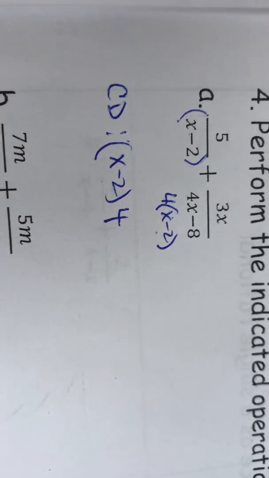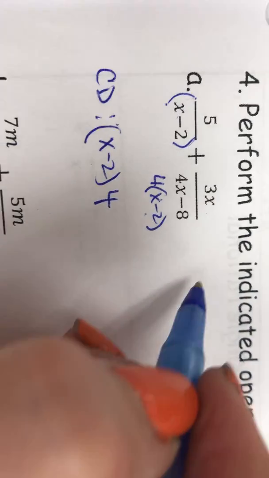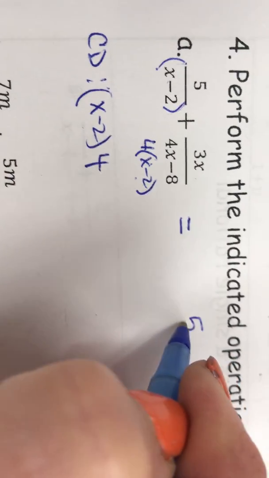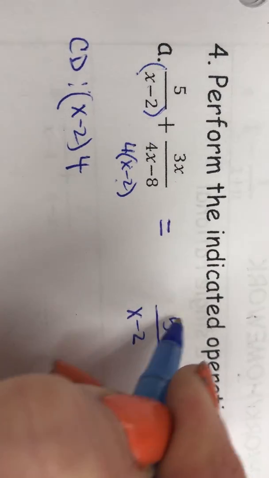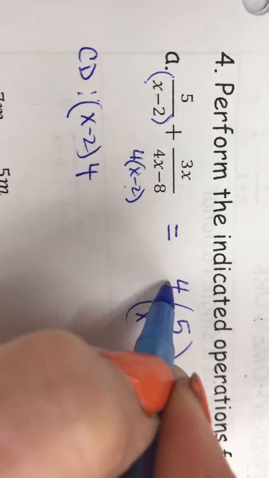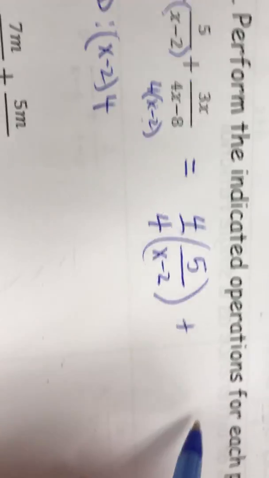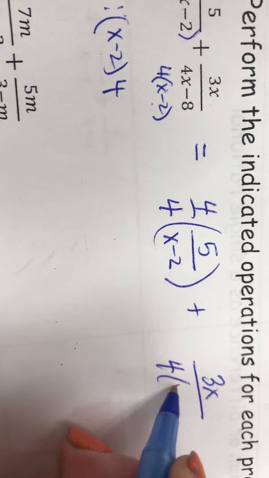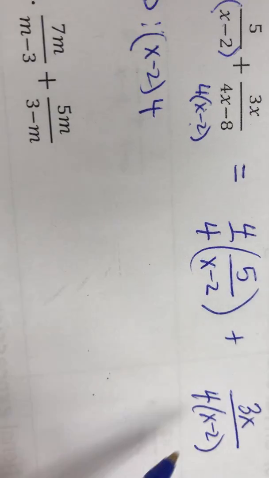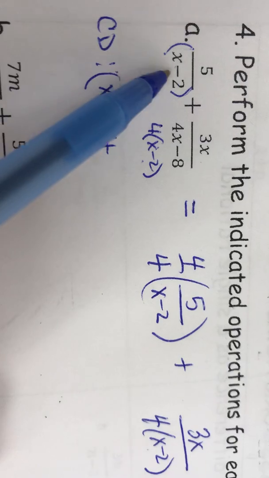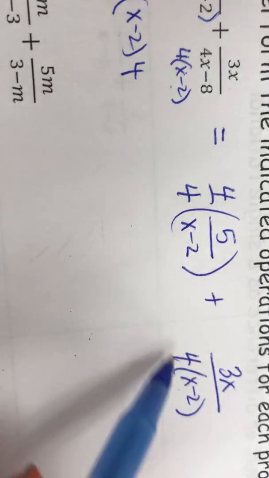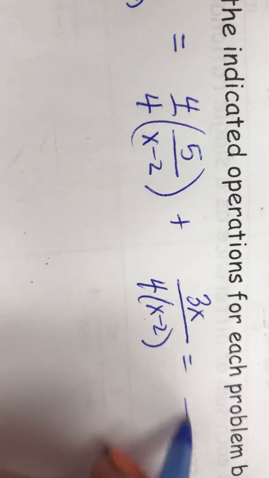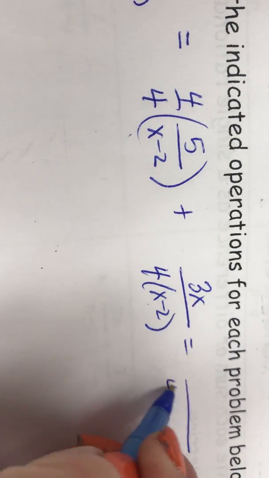So there's each piece. Your 5 over x minus 2 is missing the 4. And your 3x over 4 times x minus 2 isn't missing anything. It has the x minus 2 that was in the original, so you don't have to multiply that by anything. Once your denominators match, carry it over.